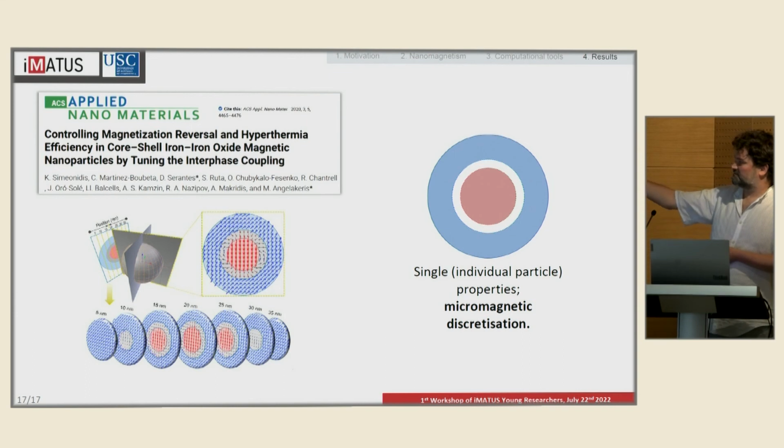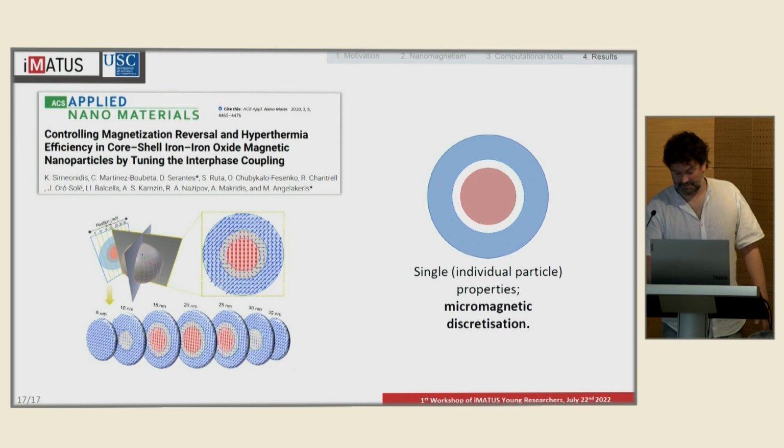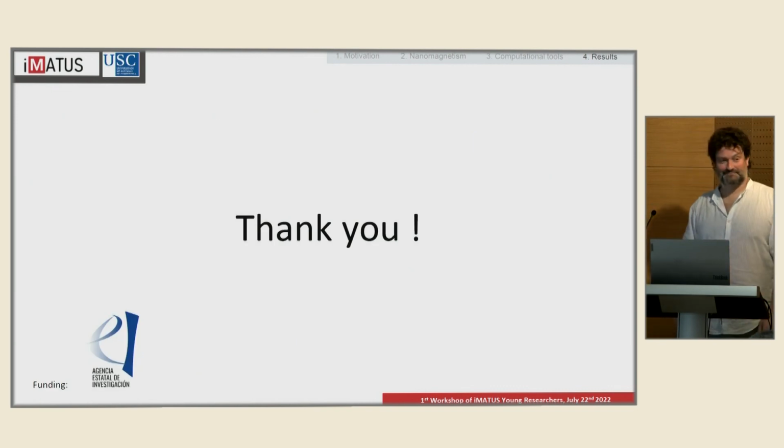In this case, it was studying a soft shell with a not that hard, but hard core and a paramagnetic interlayer. And I can vary systematically the total particle size, the aspect ratio, the role of the crystallinity of the different phases. If I go to one particle, the details are much bigger, of course. And with that, it's it. I thank you.